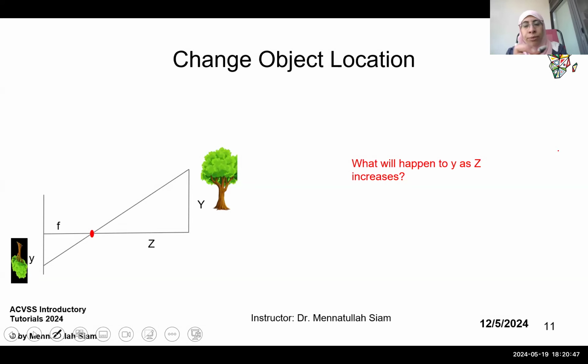Okay, now that we are studying the pinhole, if you remember the equation, what do you think will happen to this y here, the projected y, if this tree moved further away? So if I moved further away and the tree now is here, let's say now the point is here.